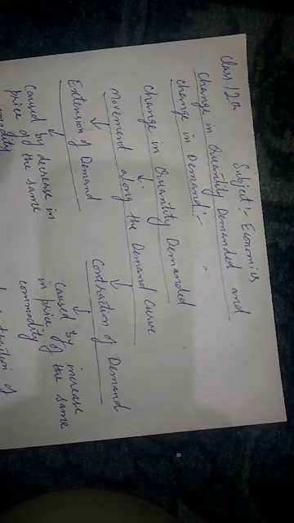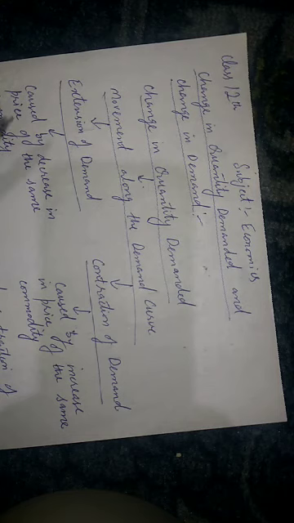See, increase in the quantity demanded of a commodity due to fall in its price is called extension of demand, and decrease in the quantity demanded due to the rise in its price is called contraction of demand.